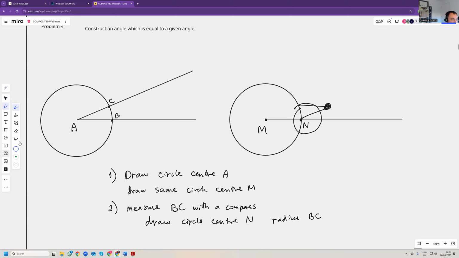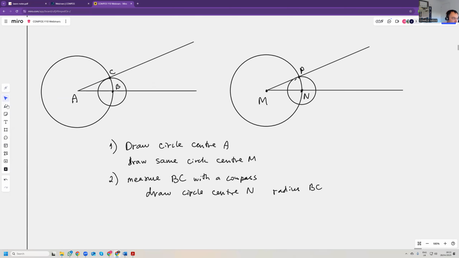So basically, what we're doing is we want to take a circle centered at B and copy it from point N, and that's my point P. And then this is the angle, and these angles should be the same.